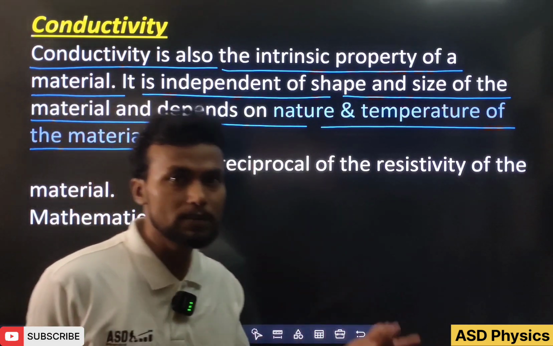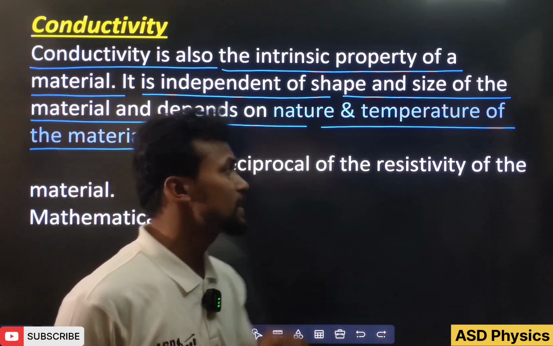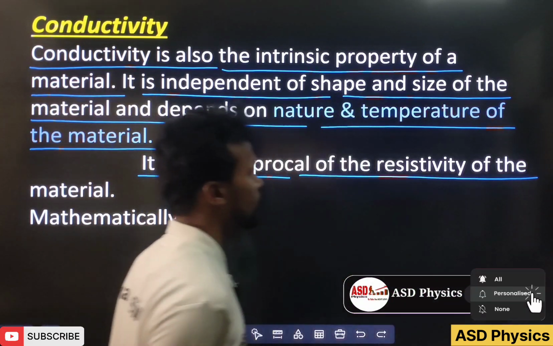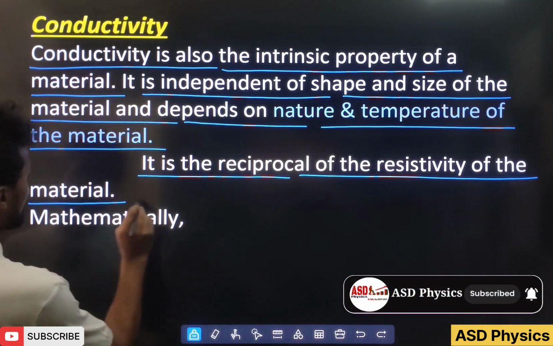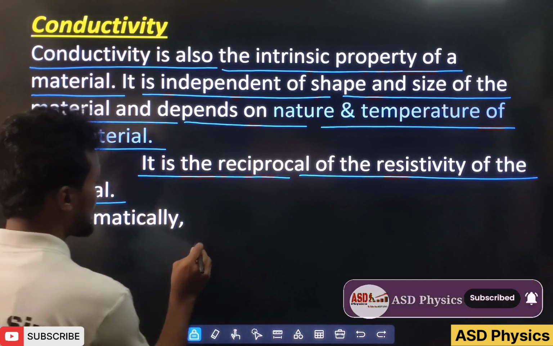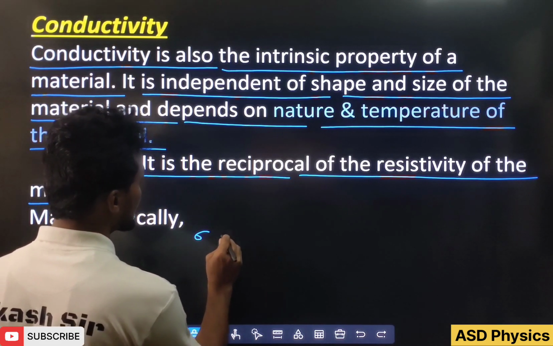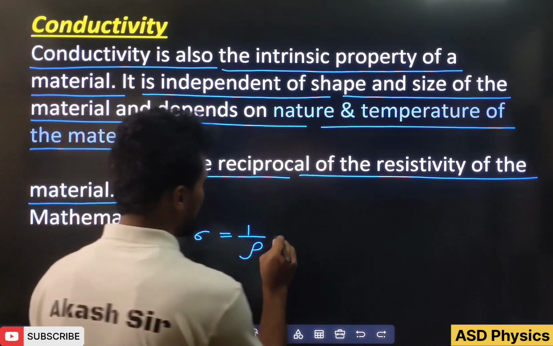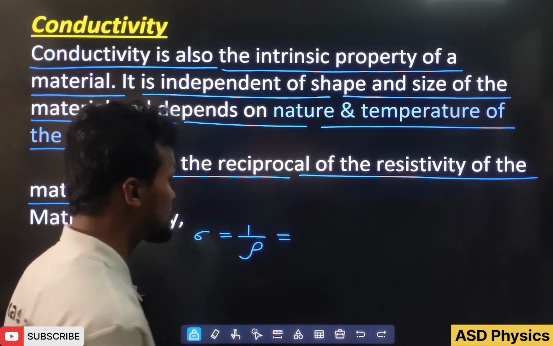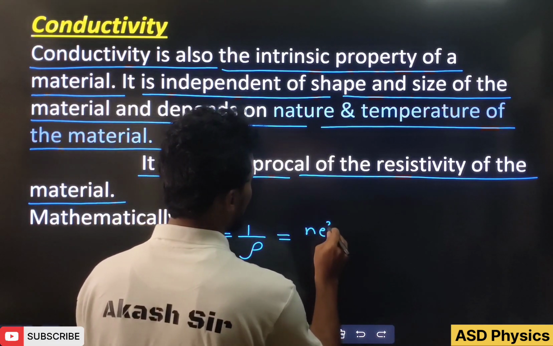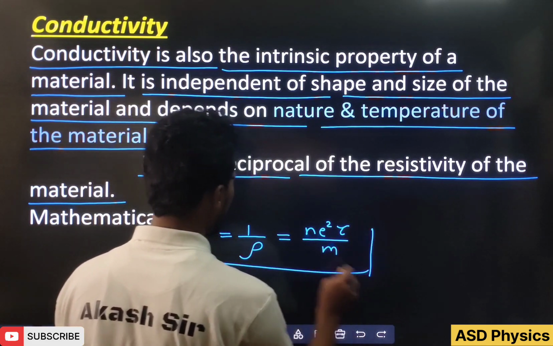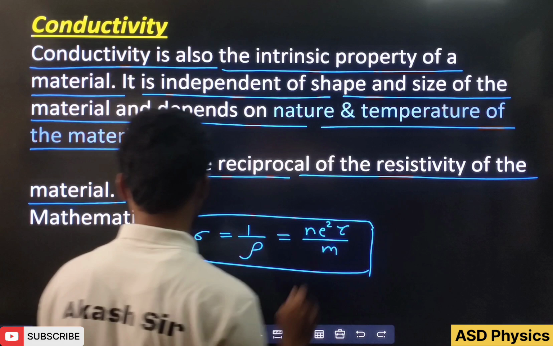It is the reciprocal of the resistivity of the material. So mathematically I can write sigma equal to 1 by rho. And you know rho equal to m by n e square tau, so it will become n e square tau by m. This is called the conductivity.